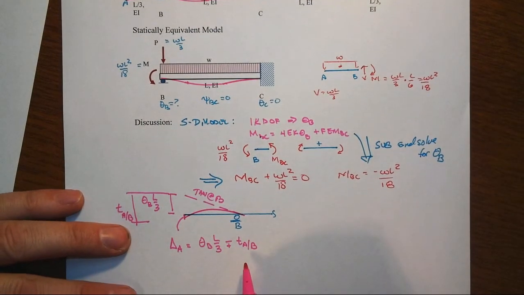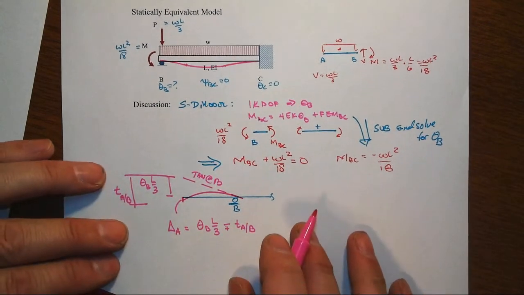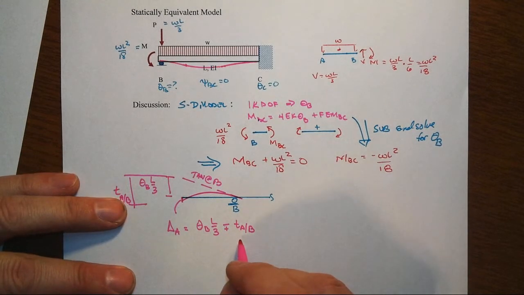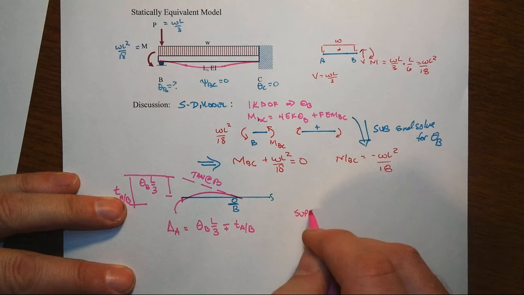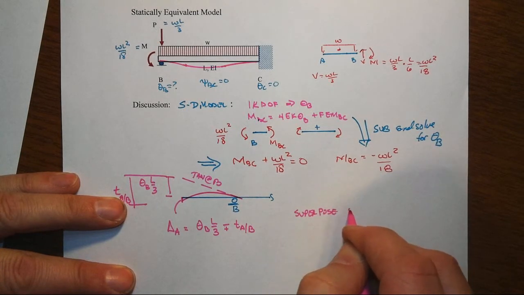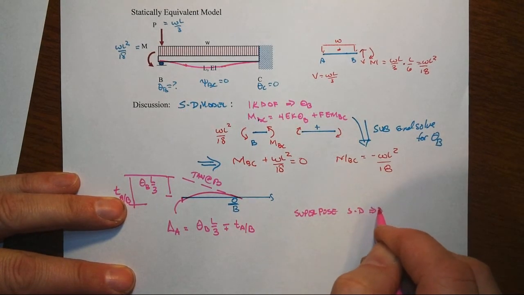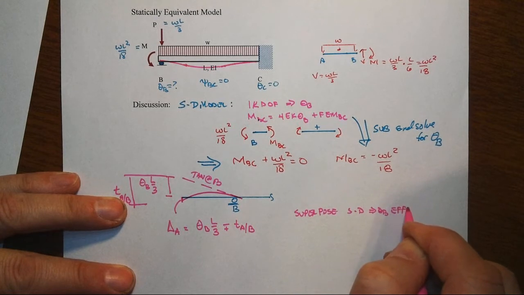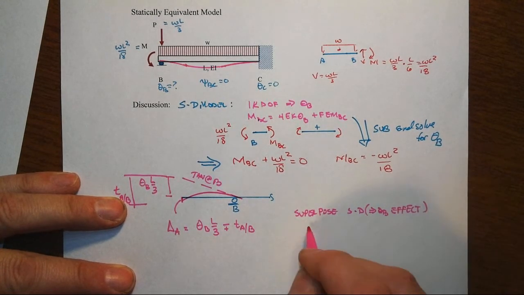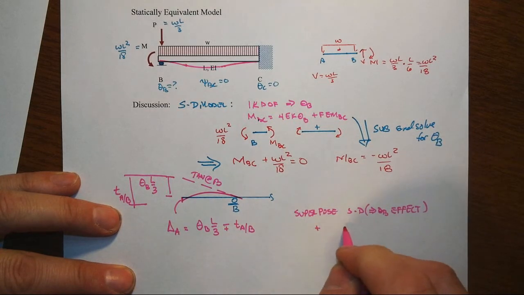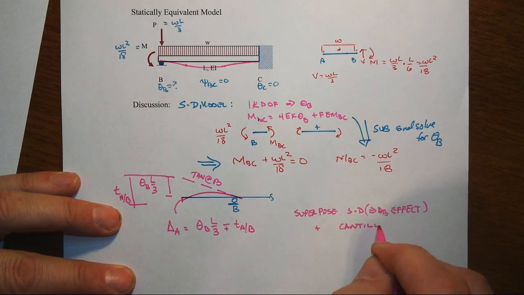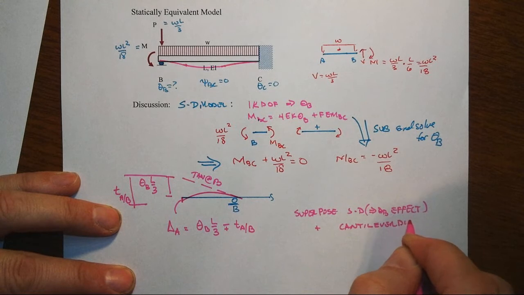Now we could get these through moment area methods if we wanted to, or we could also just superpose the slope deflection theta B effect, which is this theta B L over 3, plus the cantilever displacements.